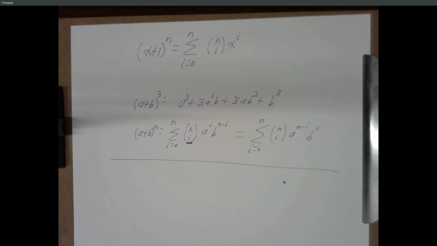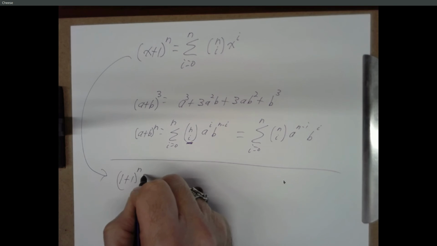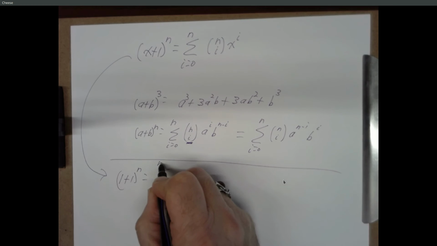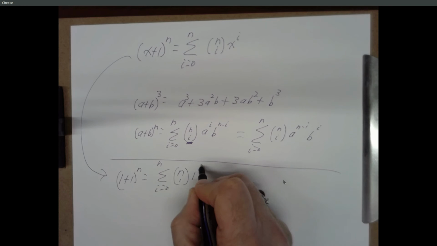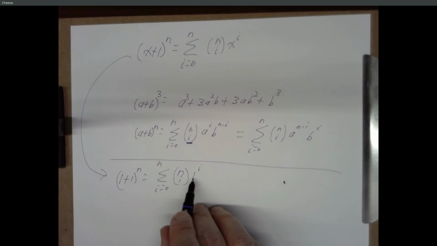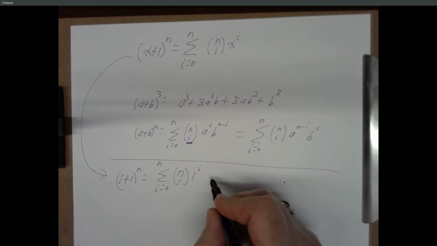And one more cool little thing we can do with this. Suppose we take this formula and we calculate 1 plus 1 to the n. That gives sum from i equals 0 to n of n choose i times, well, instead of x to the i, it's 1 to the i. And 1 to the i is always 1.